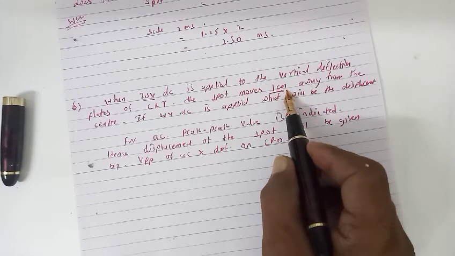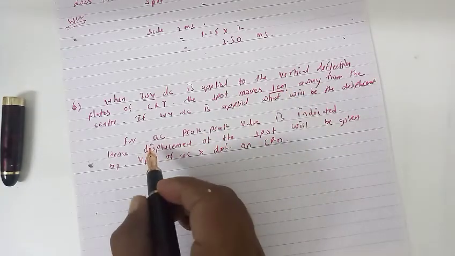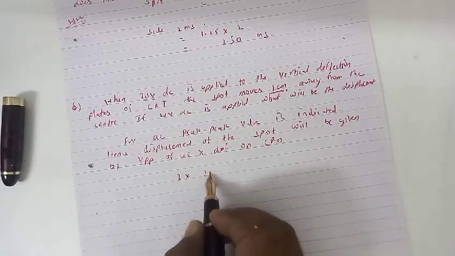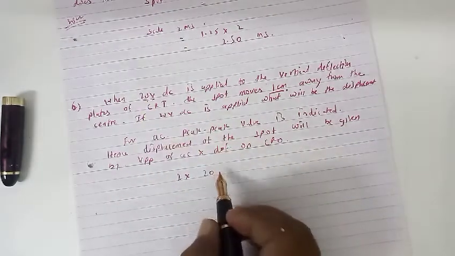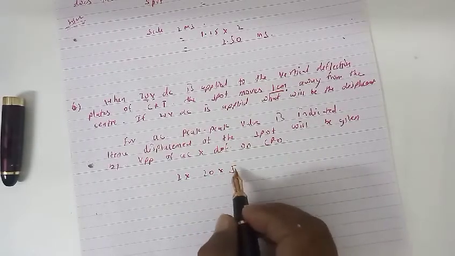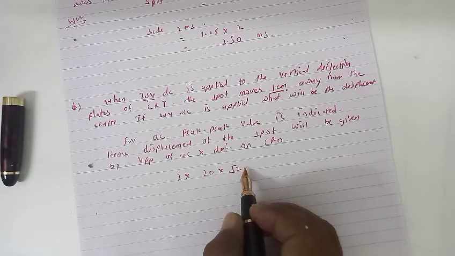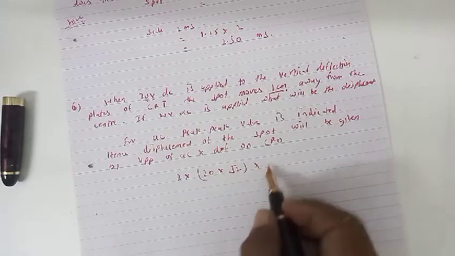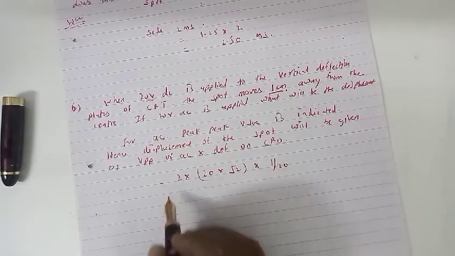So here you will obtain 2 multiplied by 20 multiplied by root 2, meaning Vm sine. In brackets you will be having 1 by 20.